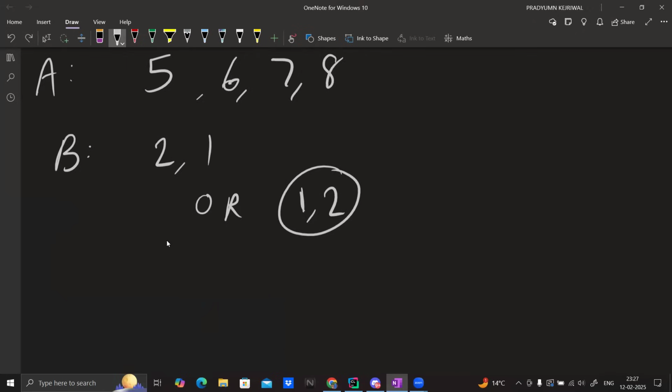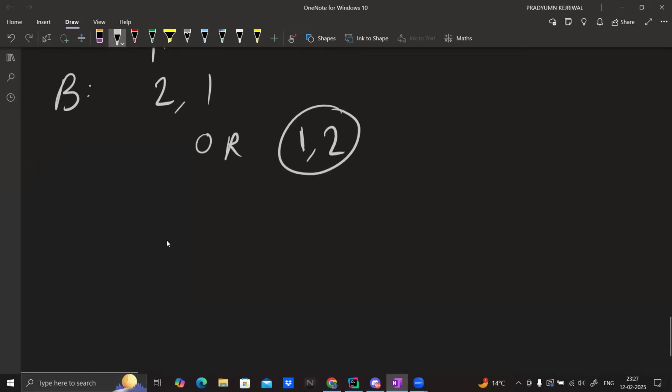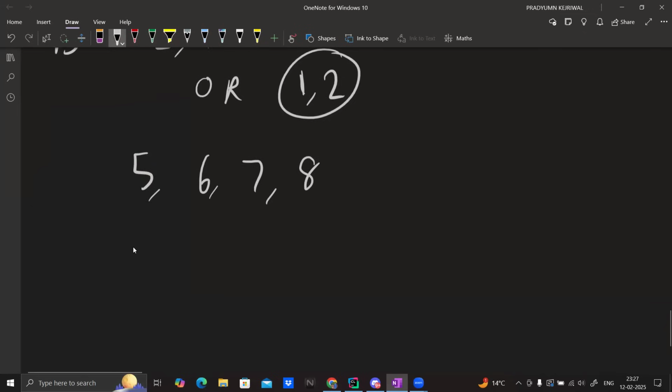Now if you see, if I put this 1, 2 here, okay, I'll just write it again, 5, 6, 7, 8. If I put this 1, 2 on the first index, then actually this element will become 1, right? So that's why I will put 1, 2 here. Okay. So I'll put 1, 2 here, right? Now you see that this thing has become 2. But actually I can make it 1 also, right? By just putting 1, 2 here.